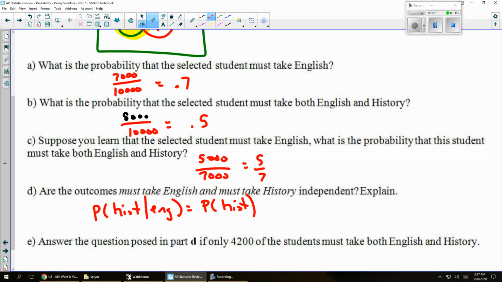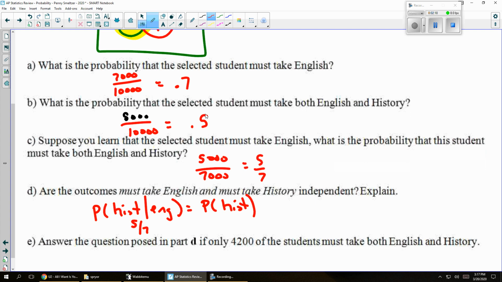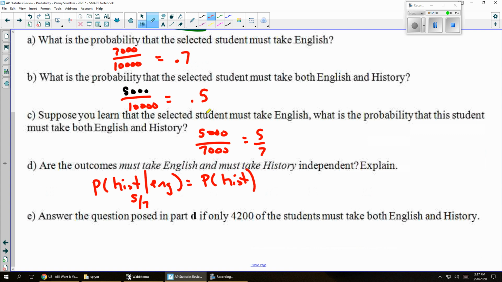Well, we see the probability of history given English is what we just did in this last problem. So that's 5/7. And the probability of history is only 6,000 out of the 10,000. Since these two numbers are not equal, they are not independent.